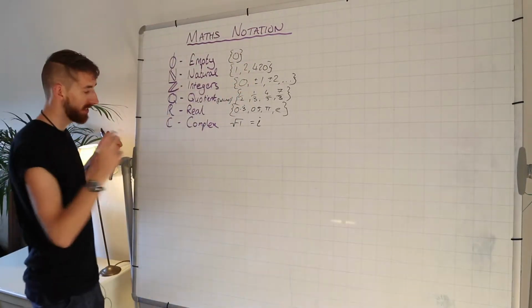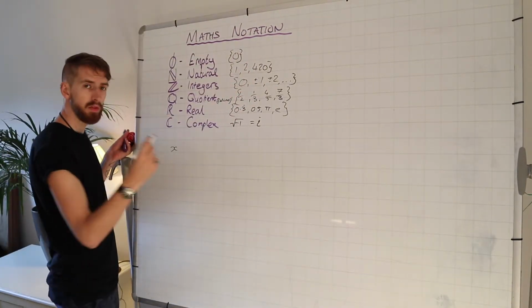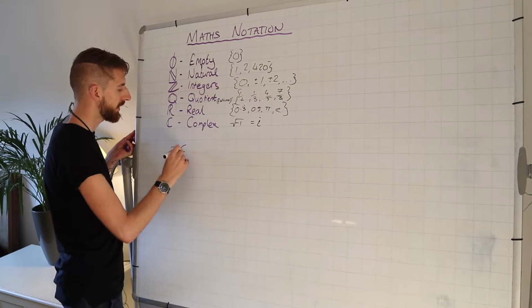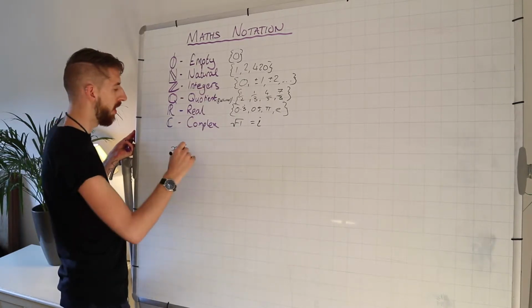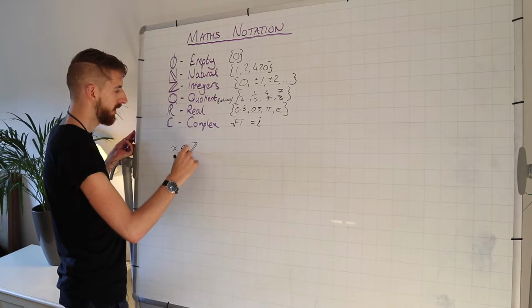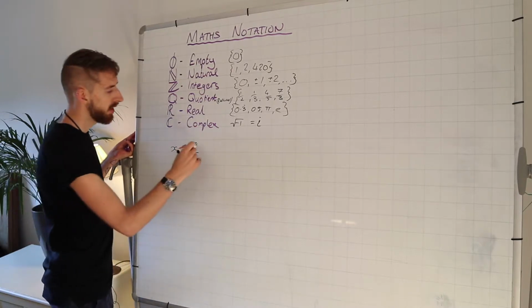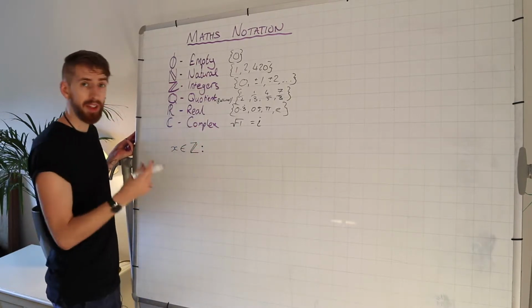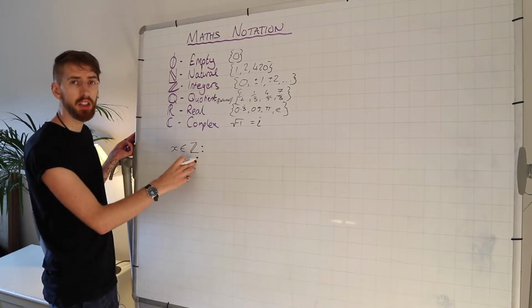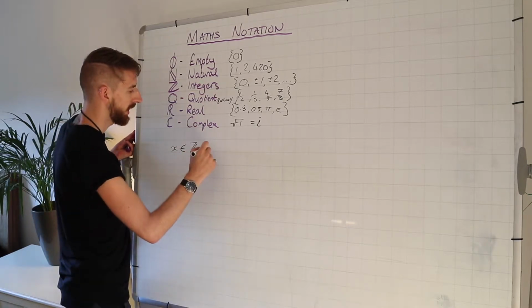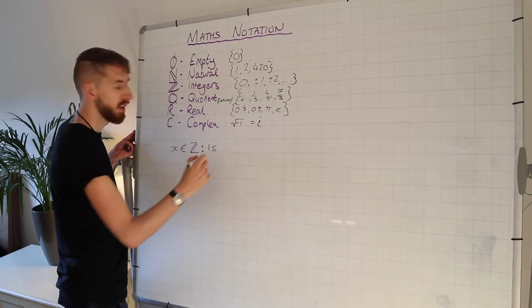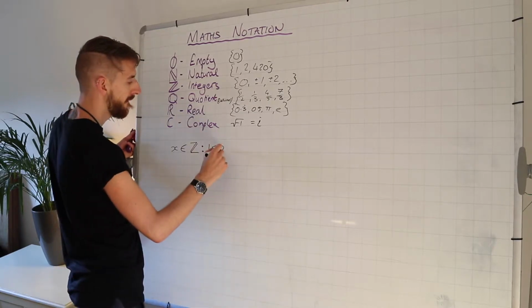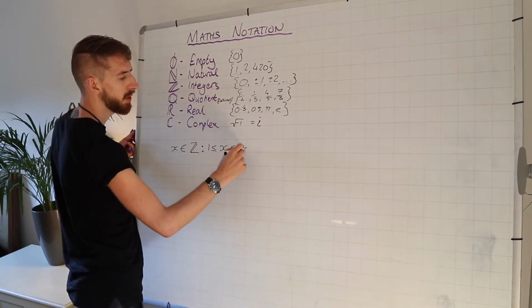So x, now they're all integers, so we're going to write this symbol here. That means "is a member of". Z, that's the integers. Then we're going to do a colon. That means "such that". So x is part of the integers such that it's greater than or equal to 1, but less than or equal to 120.